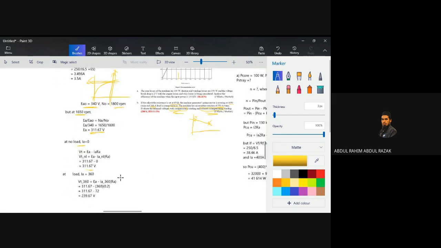Then when we apply 360 ampere of load, that current passing through the armature resistance will give 72 volt drop across it. So the remaining terminal voltage is 239. So this is the V loaded, V open circuit at no load, and also the generated voltage at 3.5 ampere of our current. Okay?